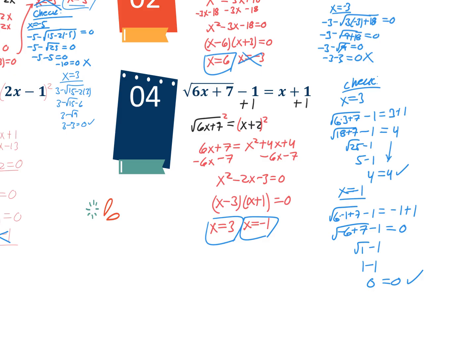I care more that you're able to get these answers than if you can check if they're valid. You can do that at the end, and you maybe only lose a point, for example, if it's extraneous and you count it as an answer. But that's way less points than you're going to lose if you just don't have time to answer a question completely. So just keep that in mind.